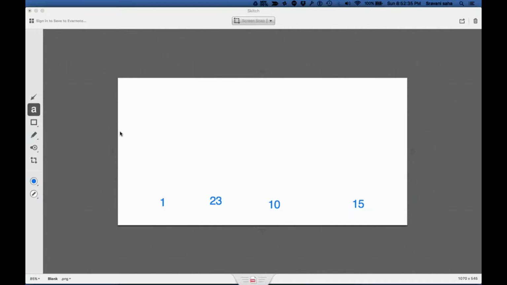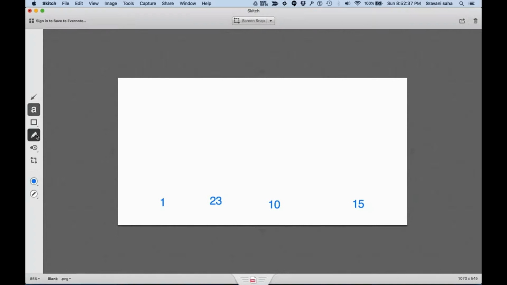For example, let's say you first sum up just these two, 23 and 1. It's 24. Pretty simple, right? Similarly, you sum up 10 and 15.